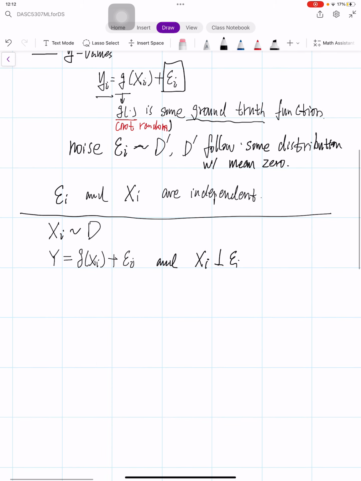So the goal of regression is to find some function f, for example linear regression, polynomial regression, or logistic regression, to estimate this g.